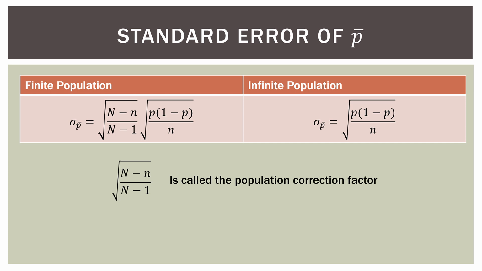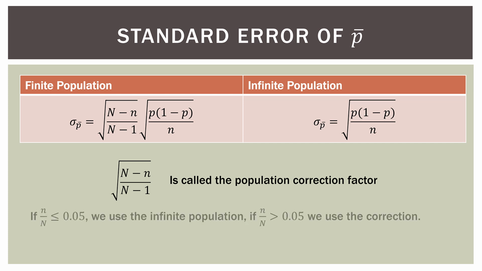We only employ that if we're taking a sample from a population that's small relative to our sample. So the general rule is that if small n, the sample size, over big N, the population size, is less than or equal to 0.05, we use the infinite population.